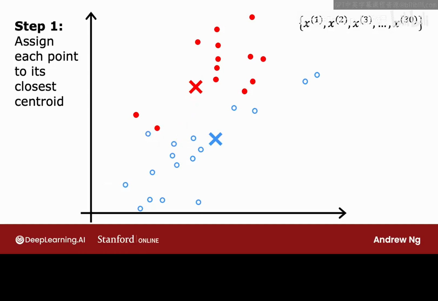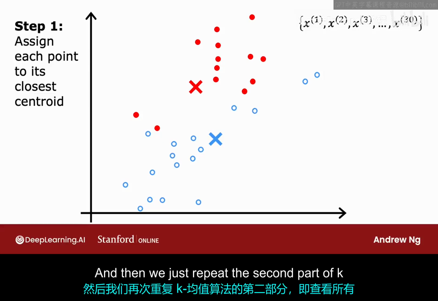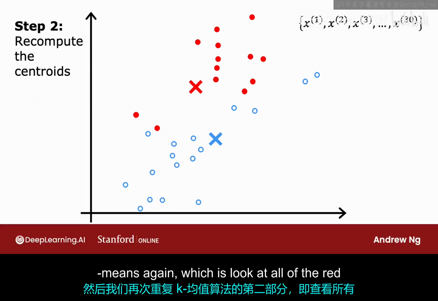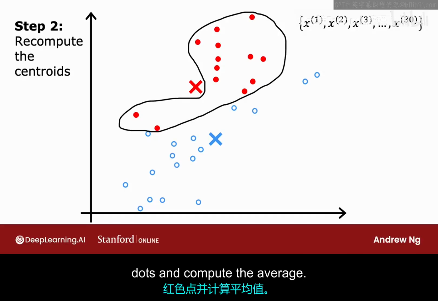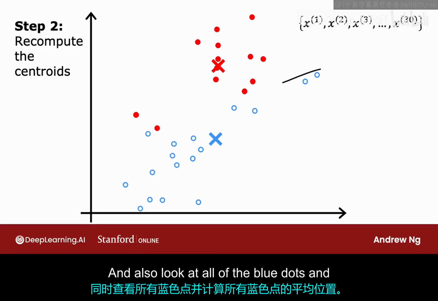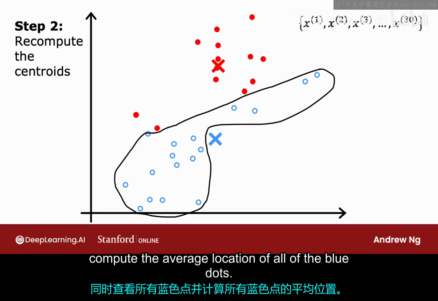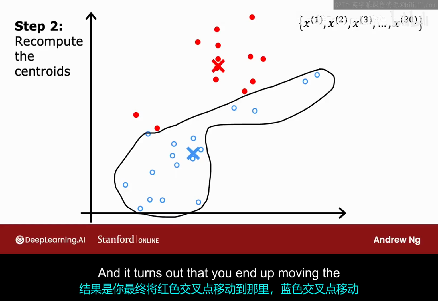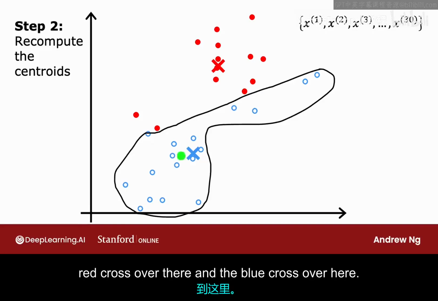So if we go through and associate each point with the closer cluster centroid, you end up with this. And then we just repeat the second part of k-means again, which is look at all of the red dots and compute the average, and also look at all of the blue dots and compute the average location of all of the blue dots. And it turns out that you end up moving the red cross over there and the blue cross over here.